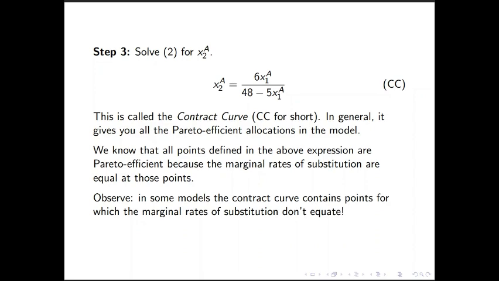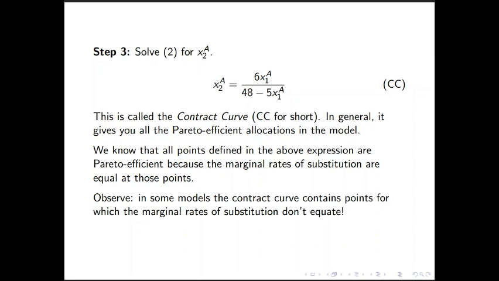Now, in some exchange economies, the contract curve can contain points for which the marginal rates of substitution don't equate, but they will still be Pareto efficient. That's not the case in the current model, but it will be the case in some other exchange economies that I will solve in future videos.